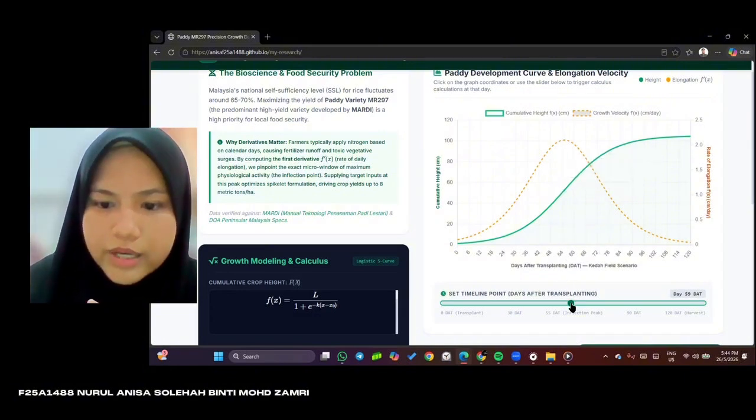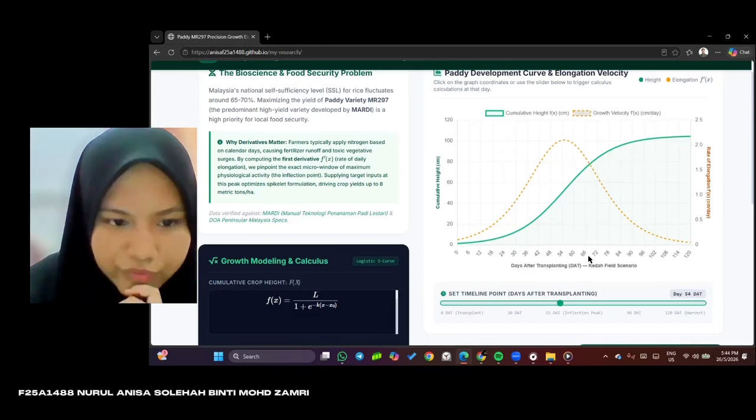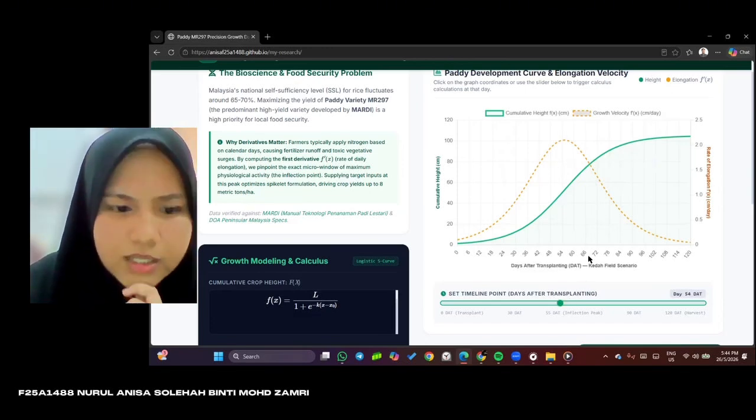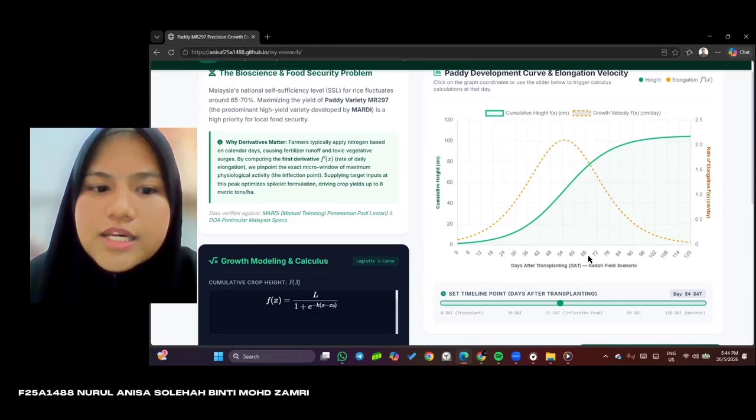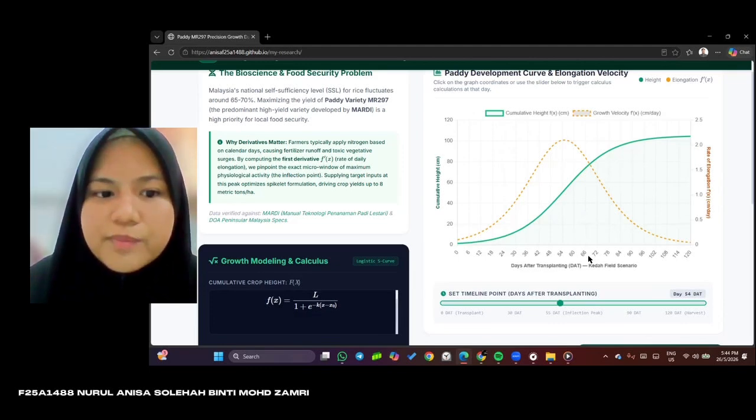Now let's take a look at day 55. This is the inflection peak, or what we call panicle initiation, at exactly 55 days after transplanting.